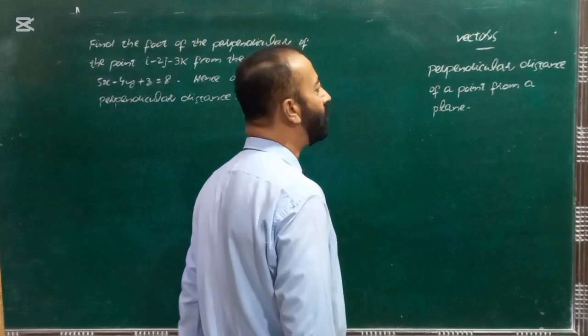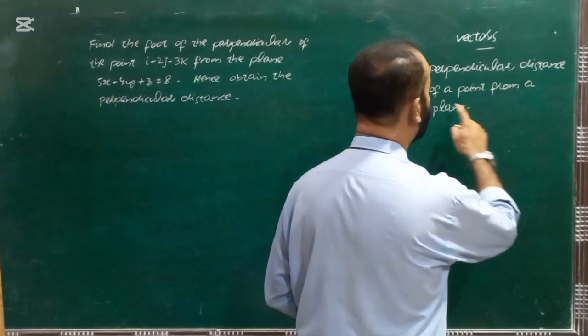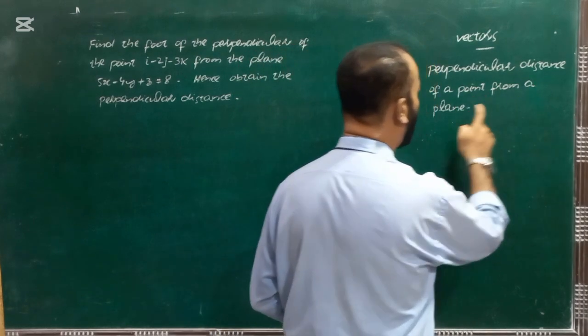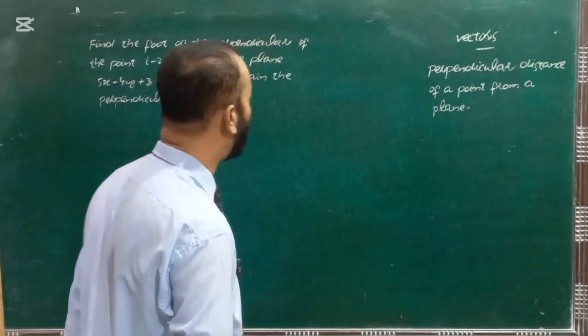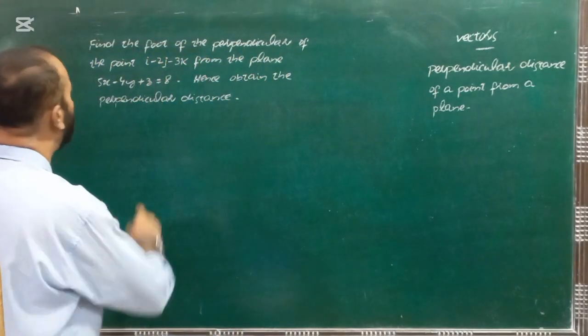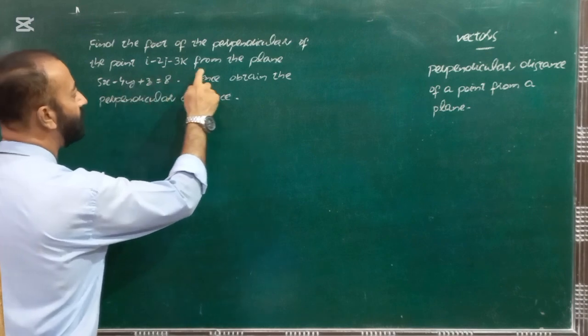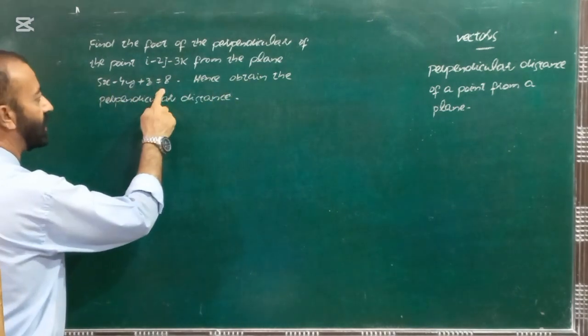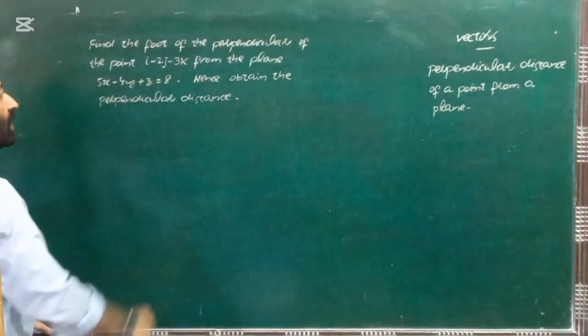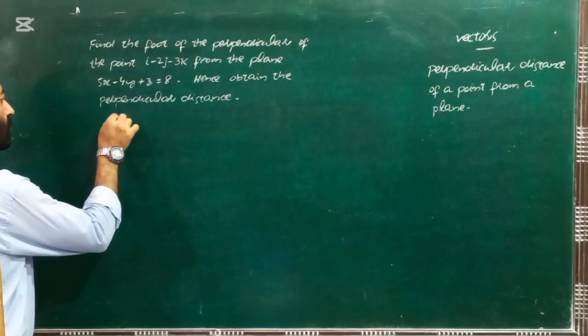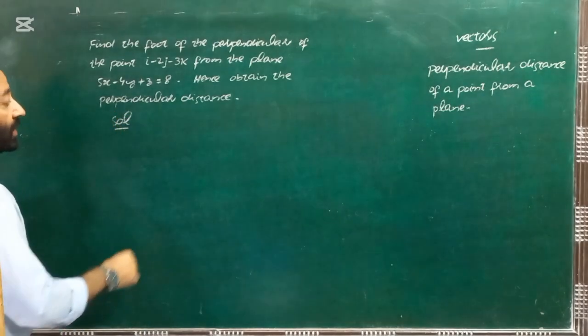The next thing that we are going to read is the perpendicular distance of a point from a plane. So very important, so concentrate. Find the foot of the perpendicular of the point from the plane, and hence obtain the perpendicular distance. Look now, I'm going to tell you a direct method.